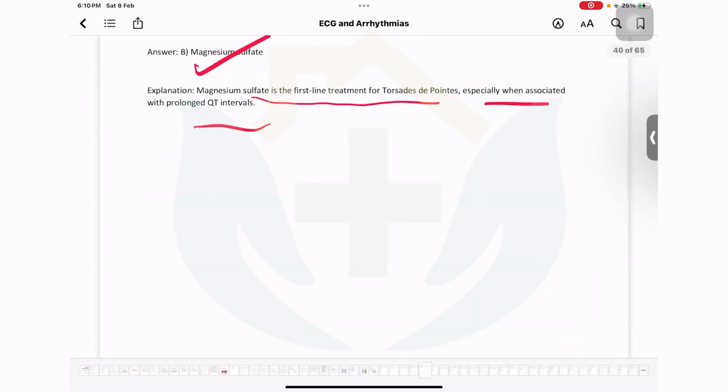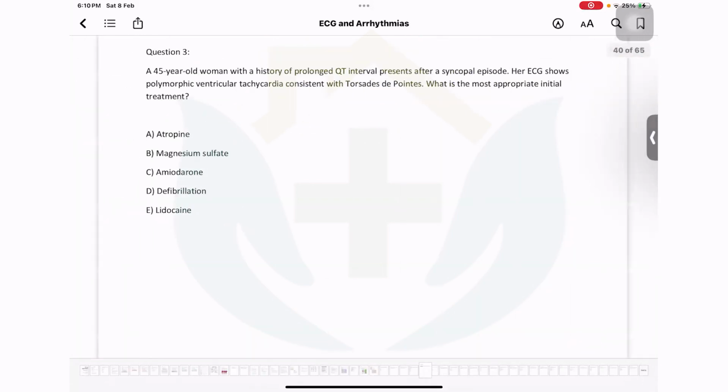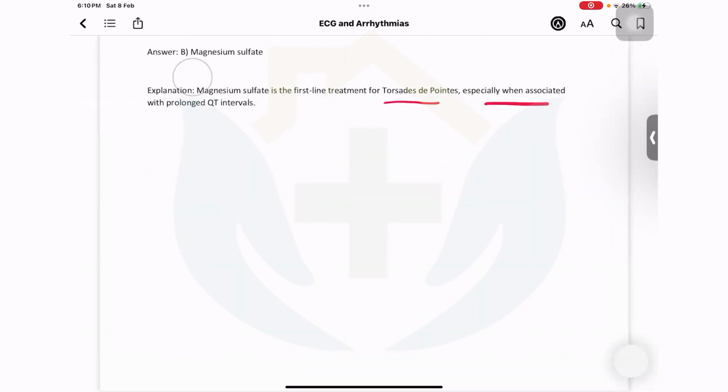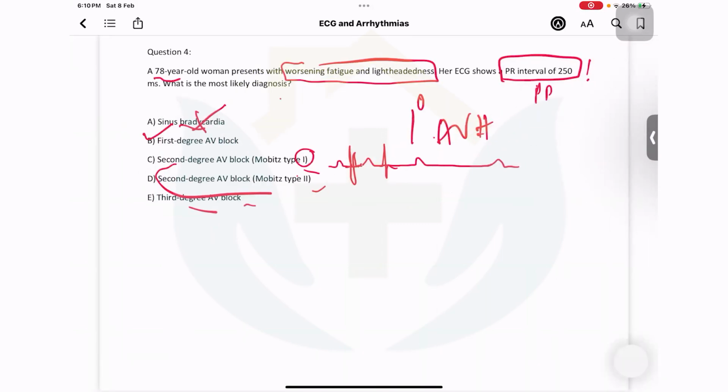So you will give magnesium sulfate immediately. And if the patient is pulseless, then cardioversion will be the treatment. So magnesium is the immediate treatment. Next question.